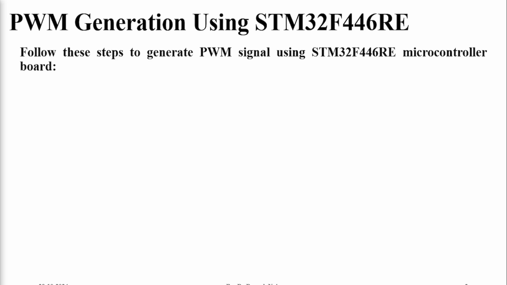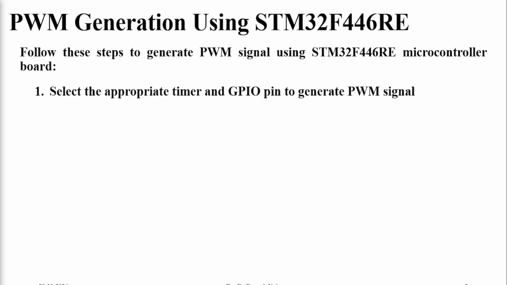So to generate pulse width modulation or pulse width modulated signal, we have to follow a few steps. First, like I discussed in the previous video, we have to select the appropriate timer, and if needed, we can connect that timer to a particular GPIO pin to generate PWM signal or to see the effect of PWM signal using a CRO or logic analyzer.